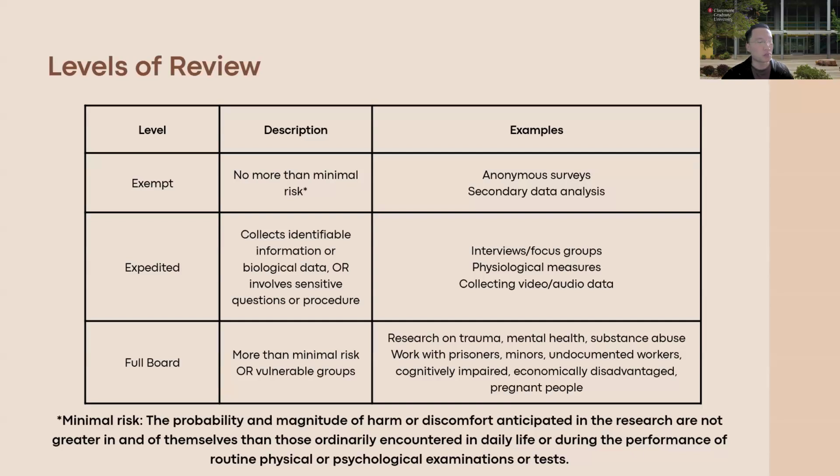Some examples include research on trauma, mental health, or substance abuse, or research working with prisoners, minors, undocumented workers, cognitively impaired, or economically disadvantaged people, or pregnant people, since these people are considered members of a vulnerable group. So research involving these populations will likely require a full board review.